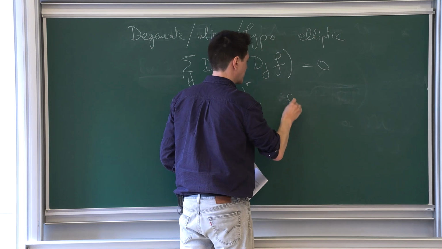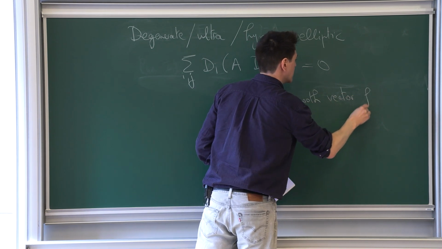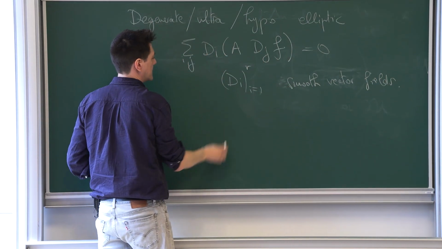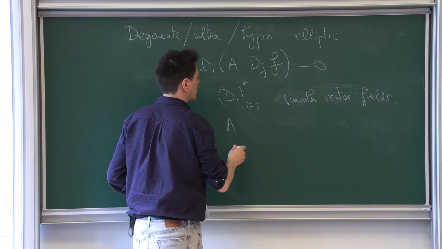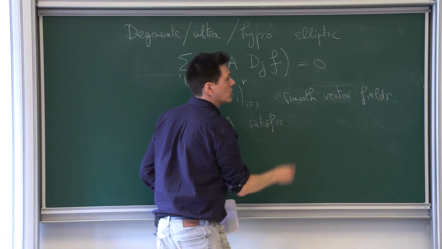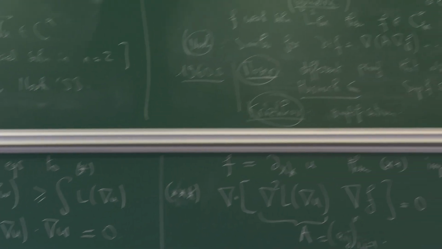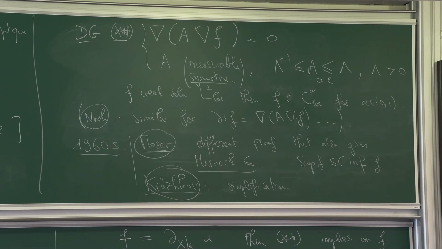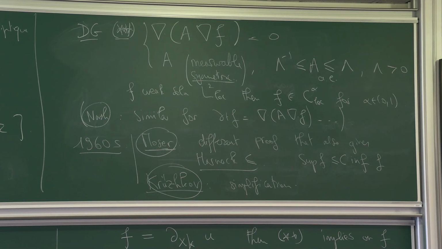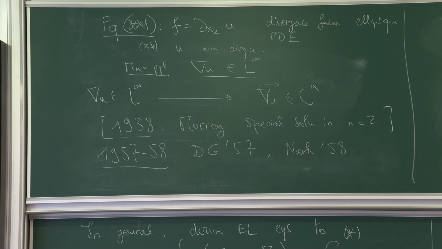And your matrix here has the same assumption as what De Giorgi and Nash assumed. Okay? So A is measurable, symmetric, and has the control as always.